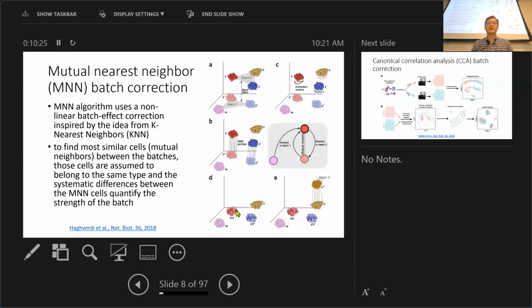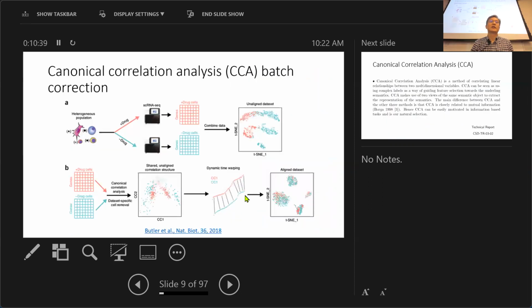You move them. So this is very easy, very intuitively straightforward. So another technique people use is called canonical correlation analysis, so CCA.